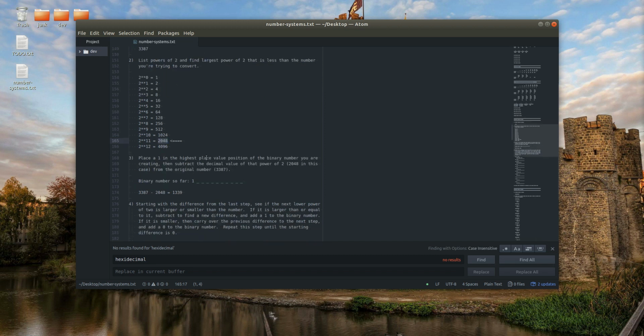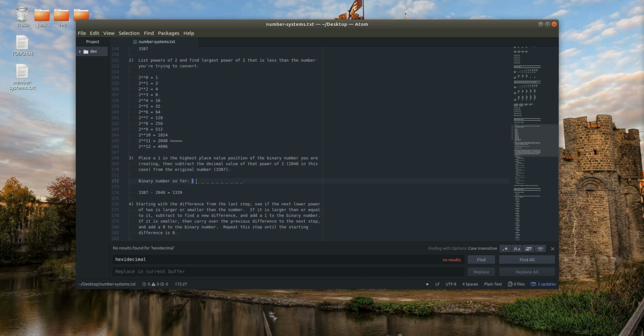So you place a 1 in the highest place value position of the binary number you're creating, then subtract the decimal value of that power of 2, which is 2048, from the original number. Okay, so we have basically one 2048's place. Okay, and we've represented that by typing in this 1 in the position of our binary number.